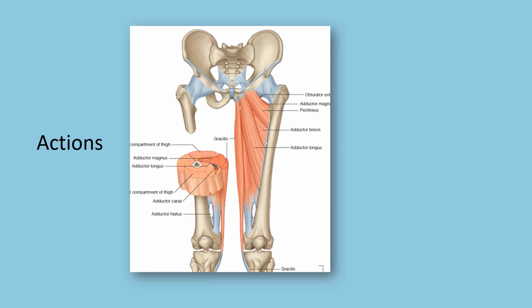All the muscles of this compartment, including pectineus till adductor magnus, do adduction of thigh.